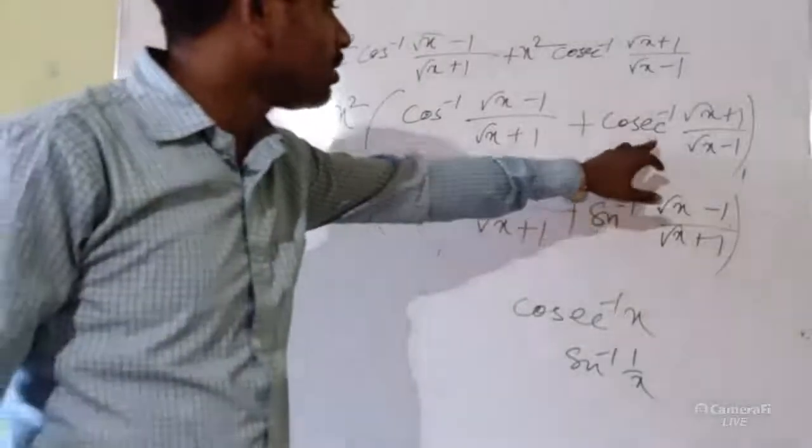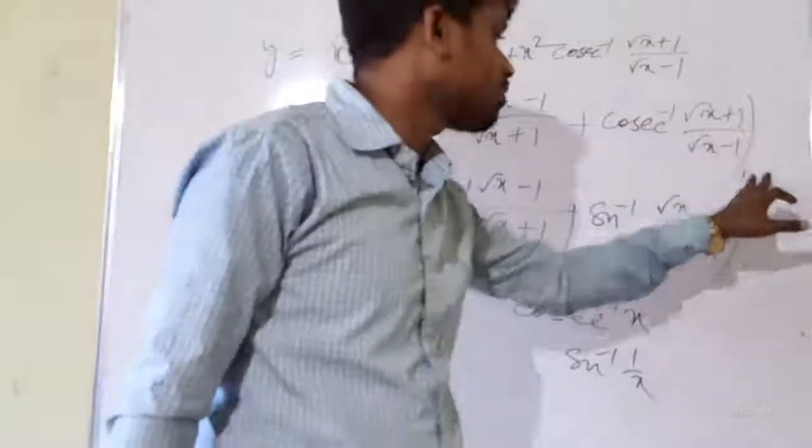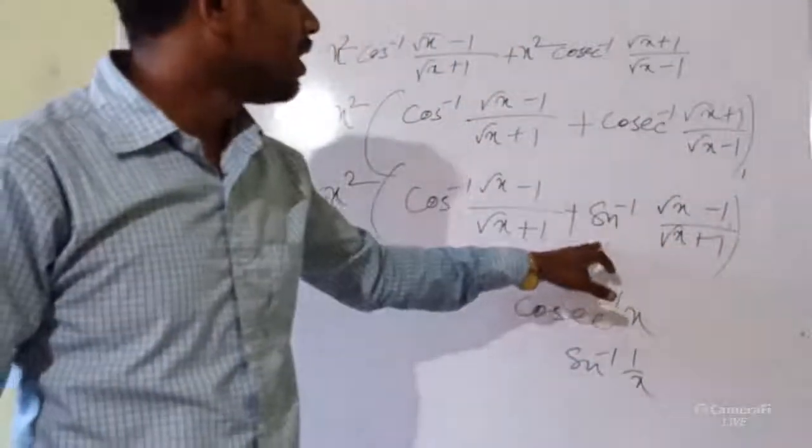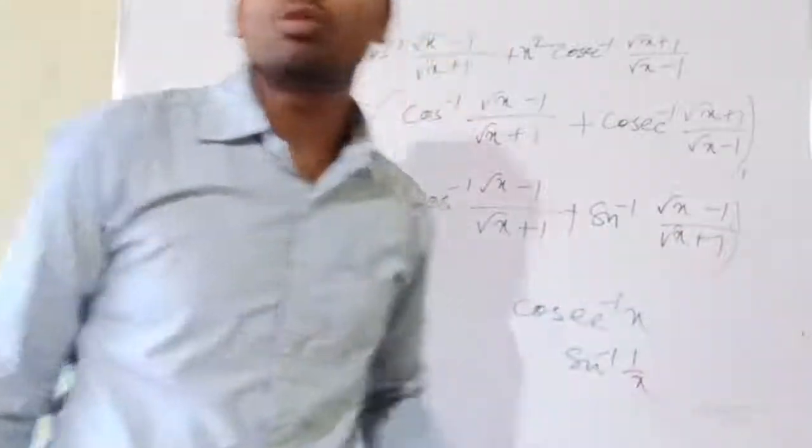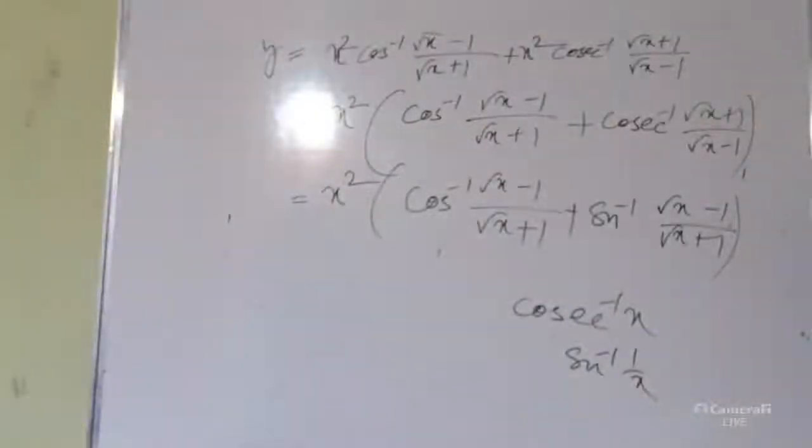Similarly, here cosec inverse root x plus 1 by root x minus 1, we can also write this term as sine inverse root x minus 1 by root x plus 1. Any doubt?